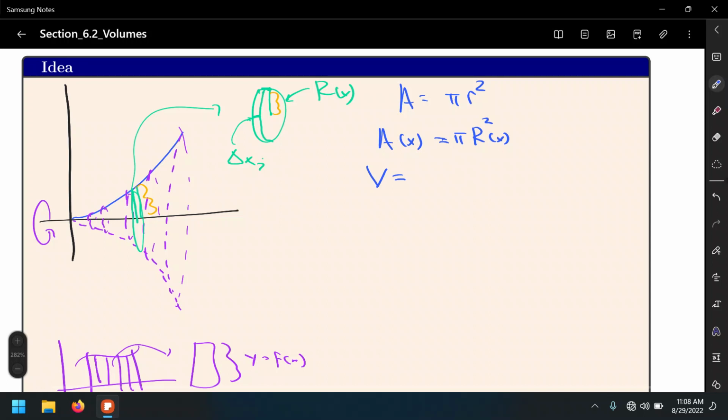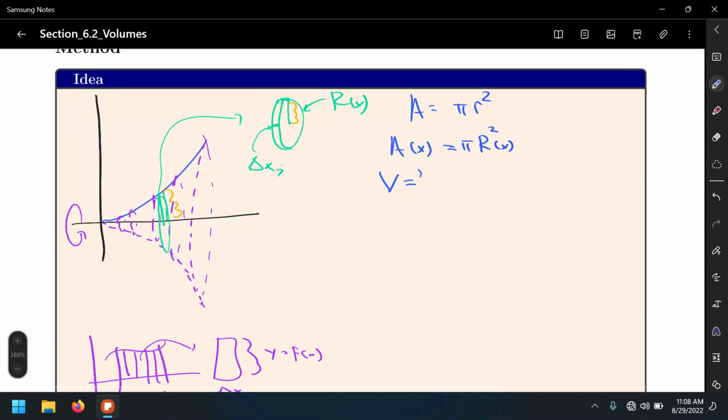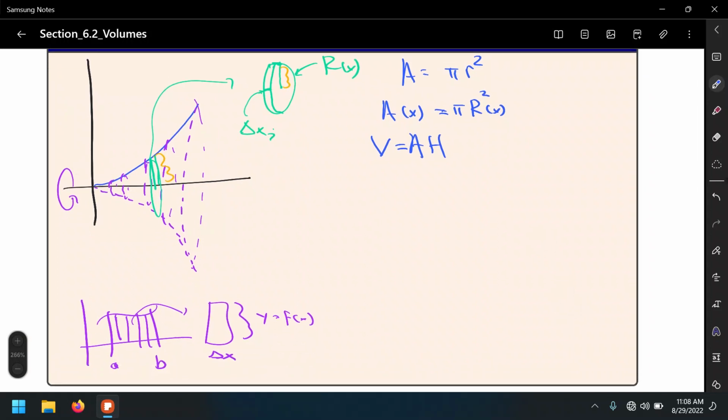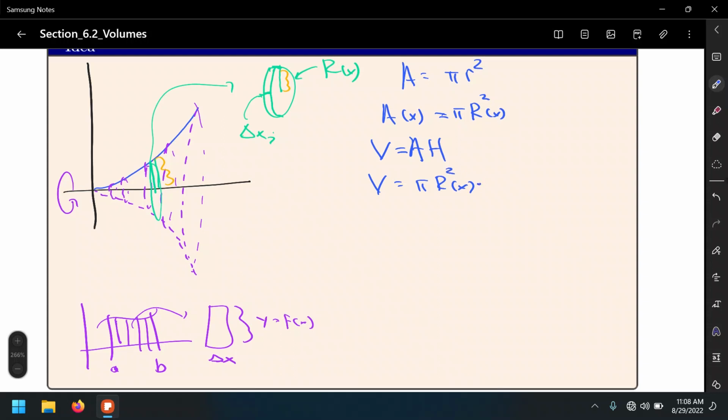Actually, they're called cuboids, those rectangular boxes. So in general it is area times height. So from here we're going to find the volume of the cylinder, and we already have something for the area, which is pi r of x quantity squared. But what's the height of the cylinder?